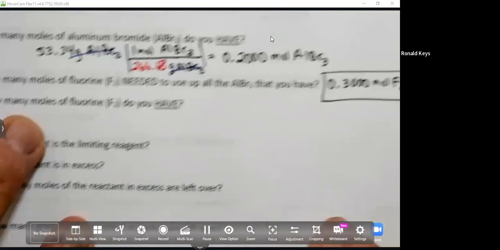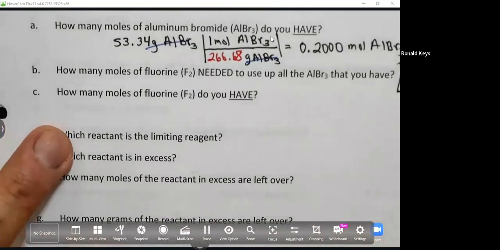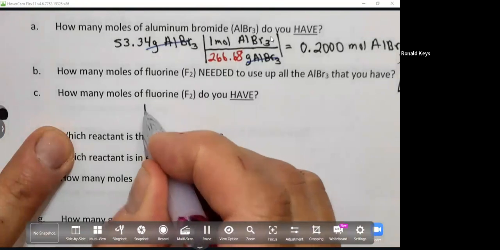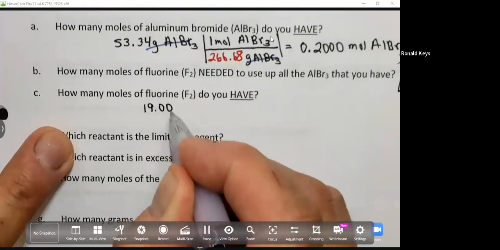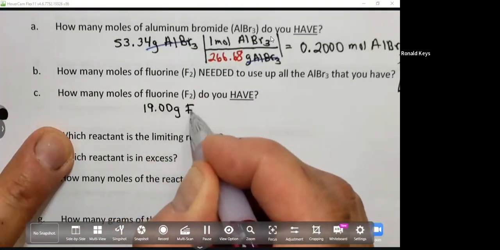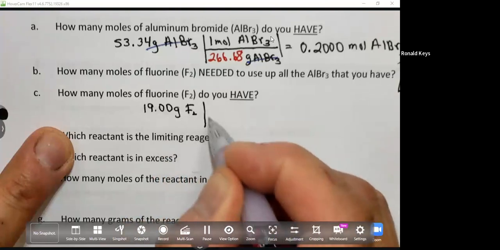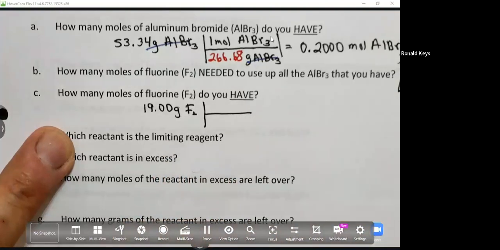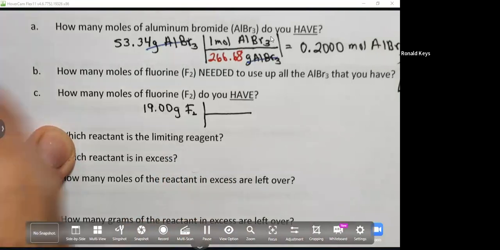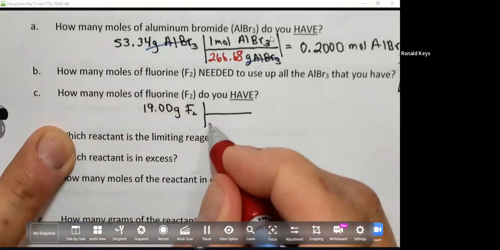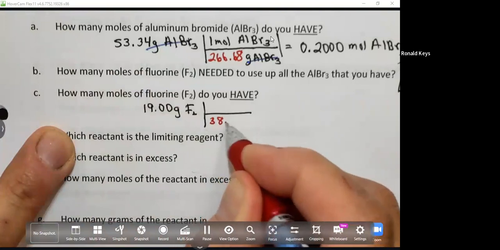So how many moles of fluorine do you have? We've got 19.00 grams of fluorine. Oh, well, fluorine's 19, but there's 2 of them. So 38.